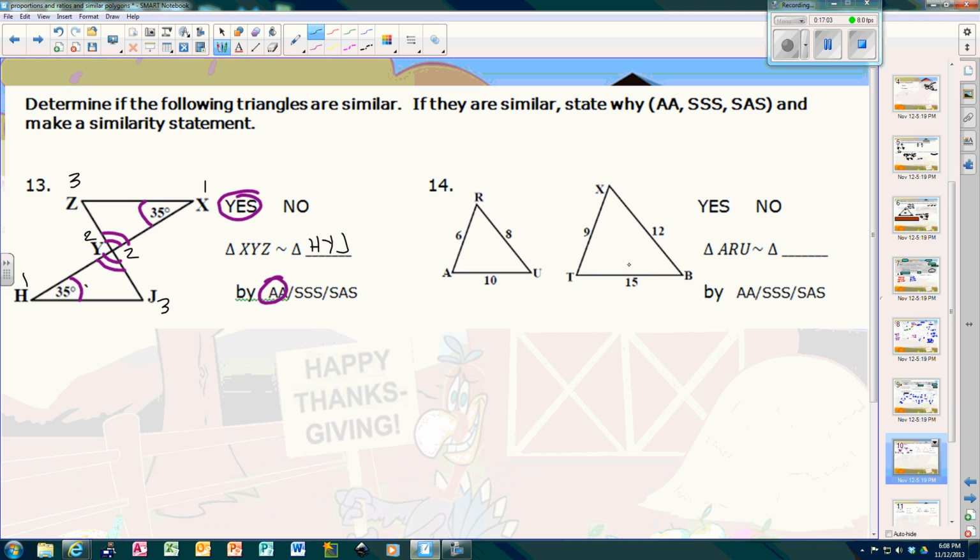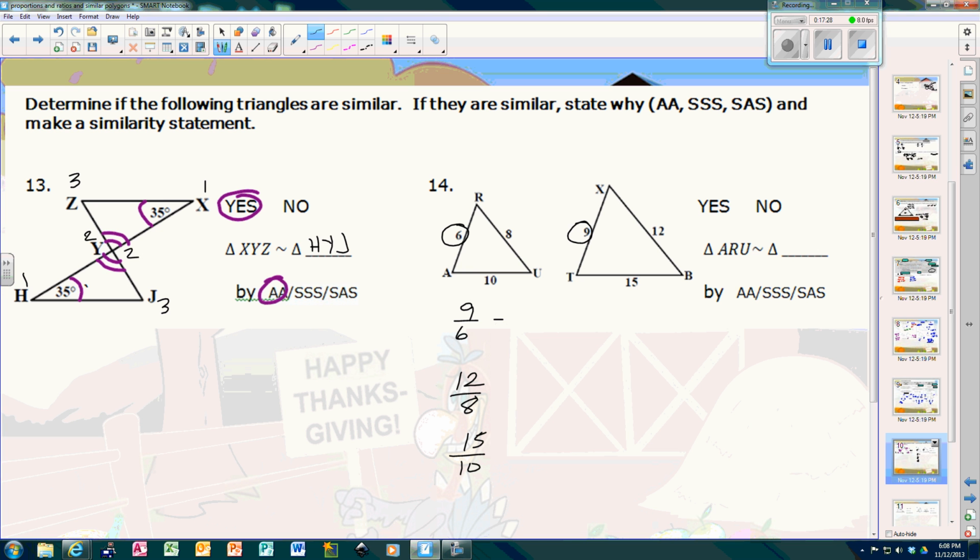Okay. The next one, I have 3 sides, so if they all have the same scale factor, then they're going to be side, side, side. So pick the smallest to go with the smallest. So I've got new over old. So 9 over 6, 12 over 8, 15 over 10.